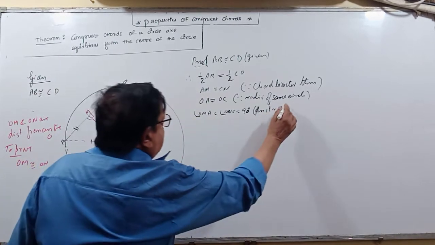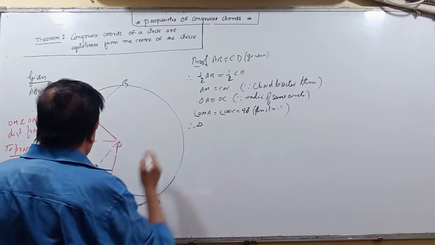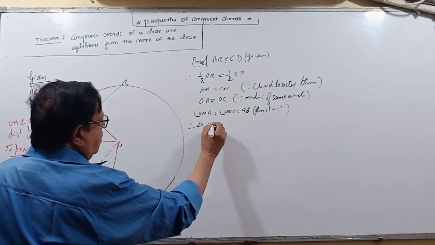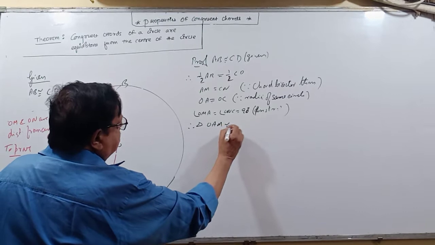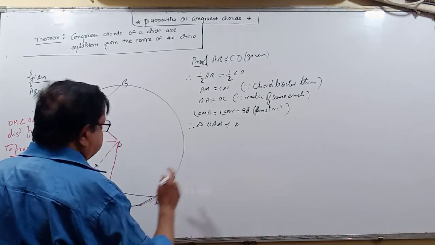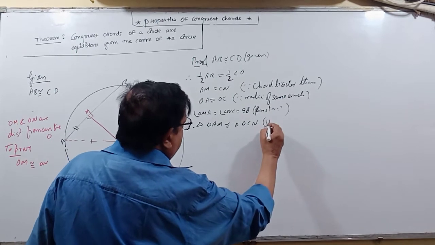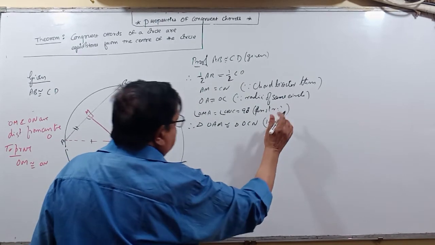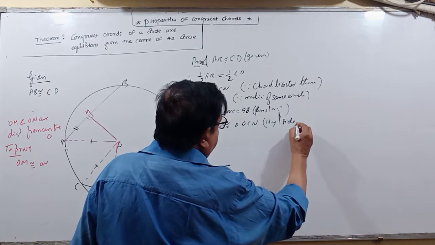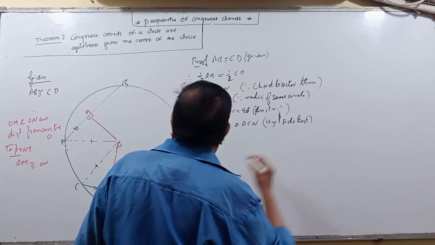Now, therefore, triangle OAM congruent to triangle OCN by hypotenuse side test.